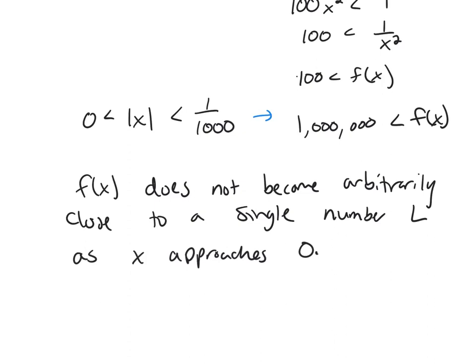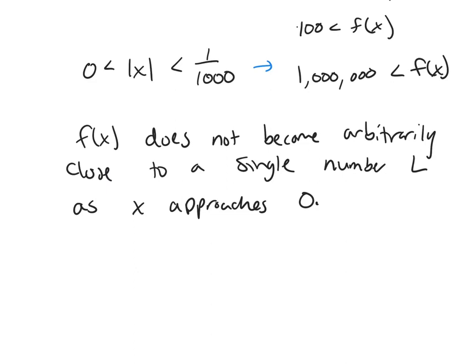So this one is kind of different from our other examples. My y values don't get close to a single number. And so because of this, I'm going to say that this limit does not exist.